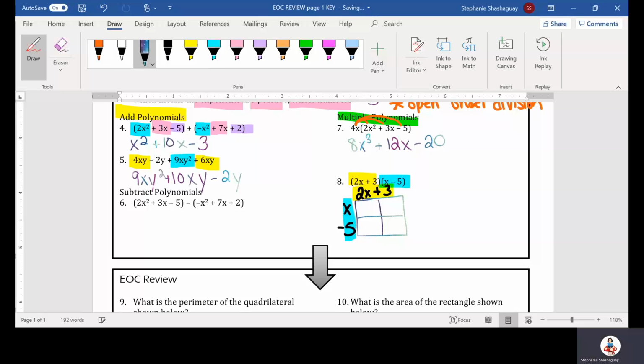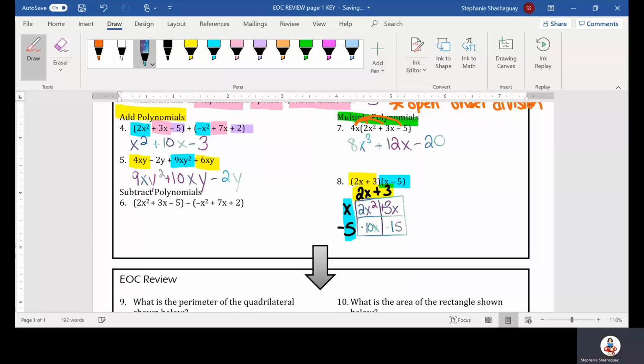When I multiply 2x times x, I'm going to get 2x squared. x times 3, I'm going to get a positive 3x. Negative 5 times 2x, and I'll have a negative 10x. Negative 5 times positive 3 is a negative 15.